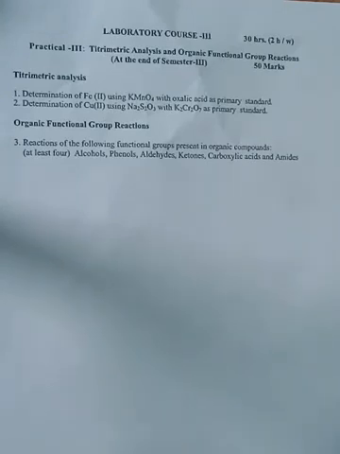In part B, there are 5 long answer questions with internal choice. Each question will come from one of the units. That means the first unit contains one essay question with internal choice. The second unit carries another essay question with internal choice, like that. All the 5 units will have equal priority.